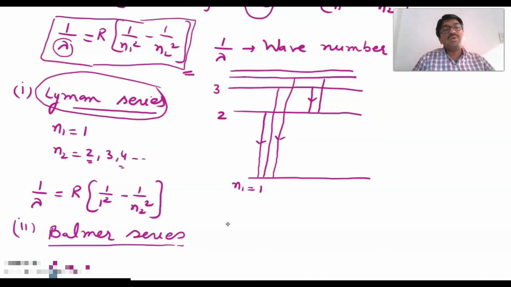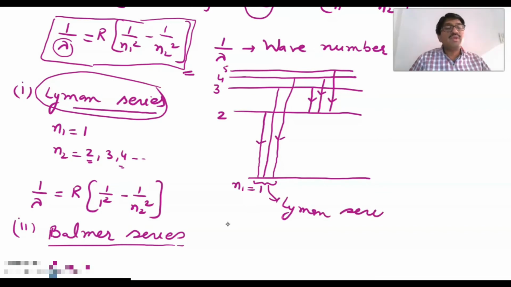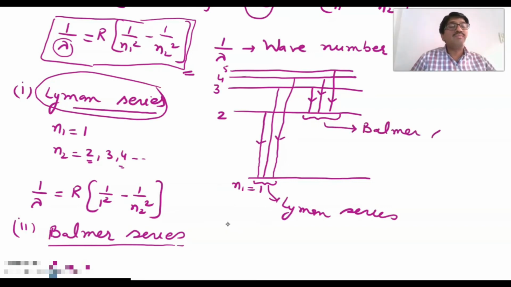Atom can transit from 4 to 2. This is 4. This is 5. Atom can transit from 5 to 2. All these are coming in Balmer series.